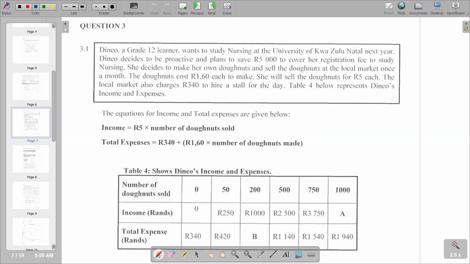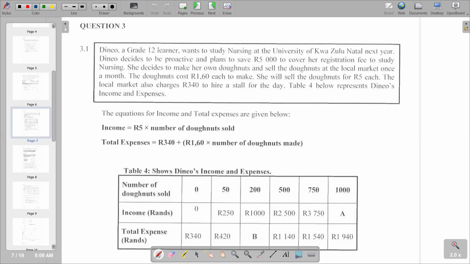She decides to make her own donuts and sell the donuts in the local market once a month. It costs 1 rand 60 cents each to make. She will sell the donuts for 5 rand each. The local market also charges 340 rands to hire a store for the day.